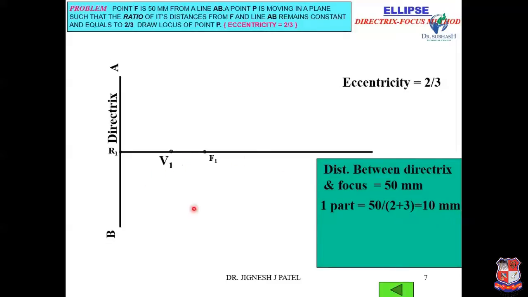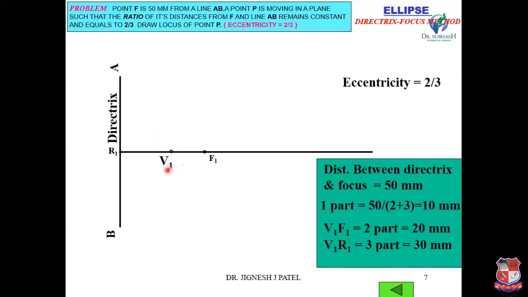So we divide R1F1 into 5 equal parts, each of 10 mm. V1F1 is 2 parts, equal to 20 mm, and V1R1 is 3 parts, equal to 30 mm. So 20 by 30 is equal to 2 by 3. In this way you can find the vertex.